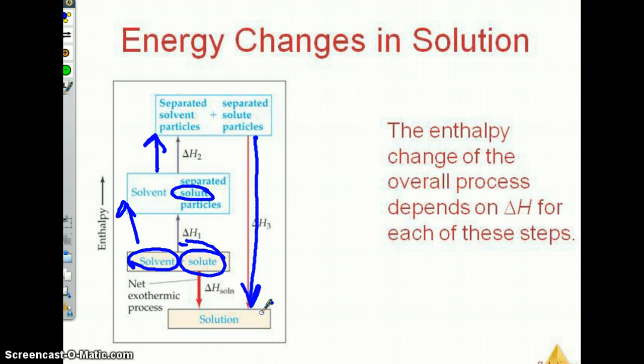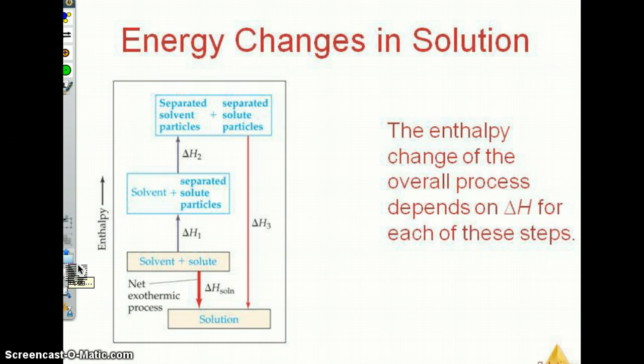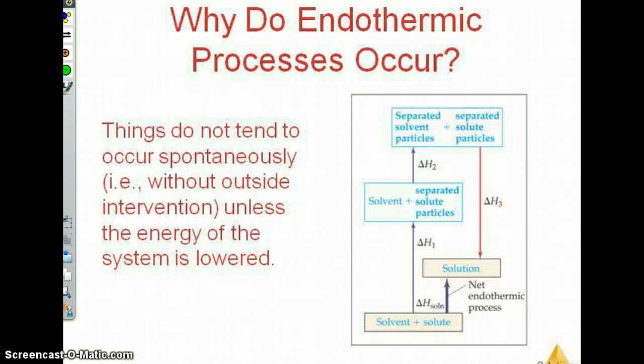This is the energy that's being released as the new attractions form and the substance becomes solvated, okay? So if the energy released is greater than the energy that went into the system, then this would be an exothermic process. And the opposite, of course, is true as well. Okay? All right. Why do endothermal processes occur?